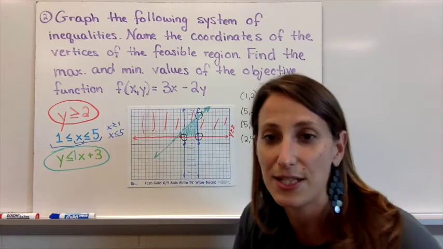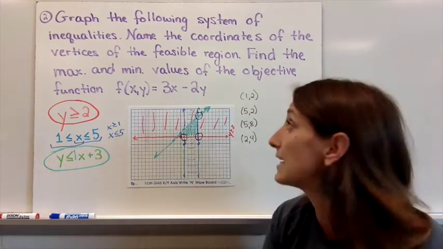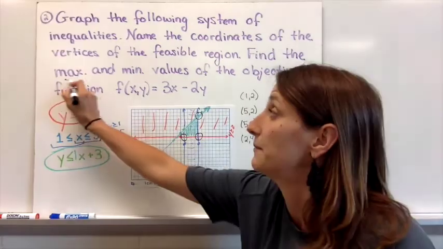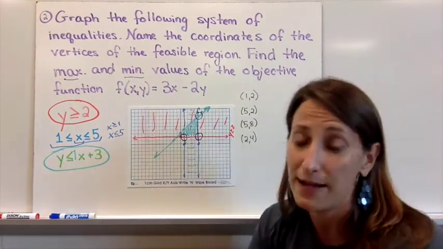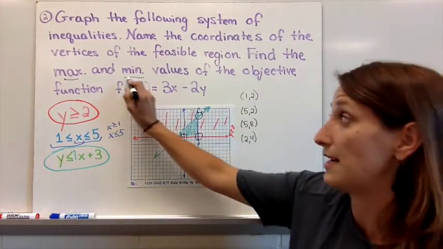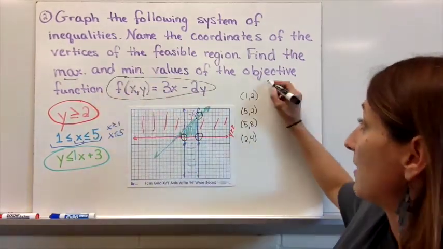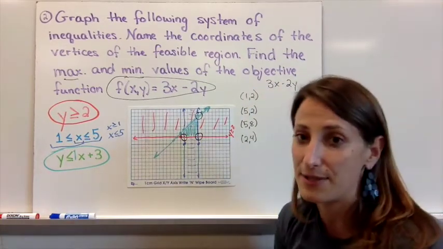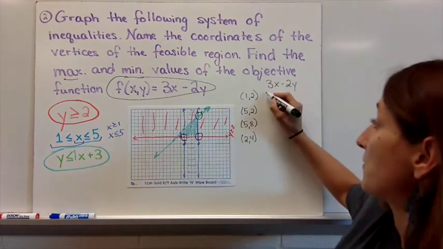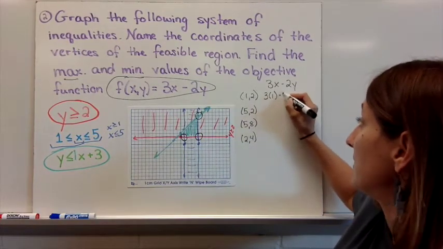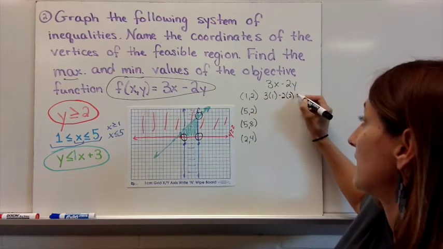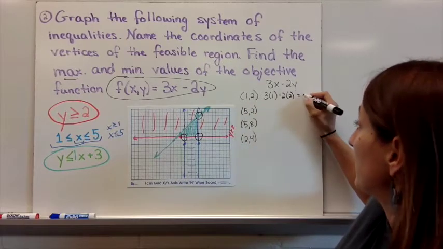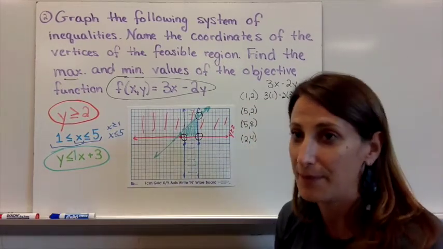So remember, I have to use these coordinates to see which one is the maximum and minimum value of my objective function, which is right here. So I'm going to take 3x minus 2y, that's my objective function, and substitute in my x and y's. So 3 times 1 minus 2 times 2 gives me 3 minus 4 is negative 1. Keep going.